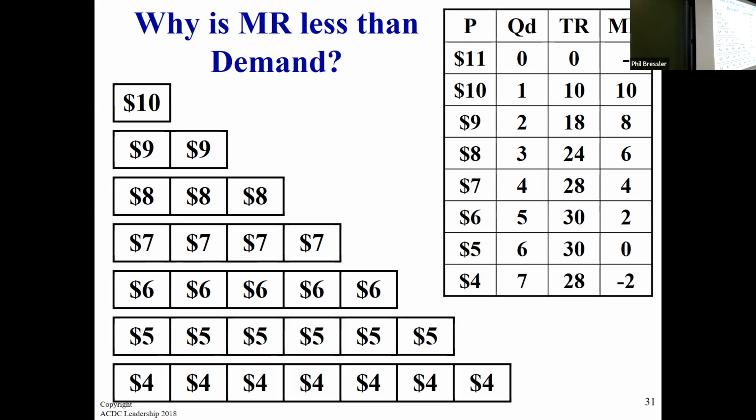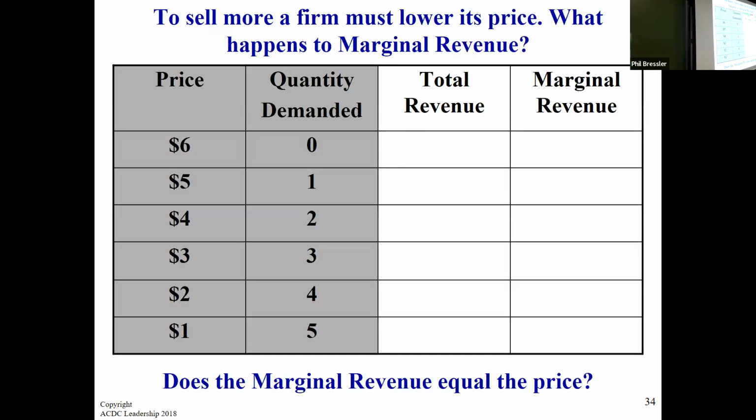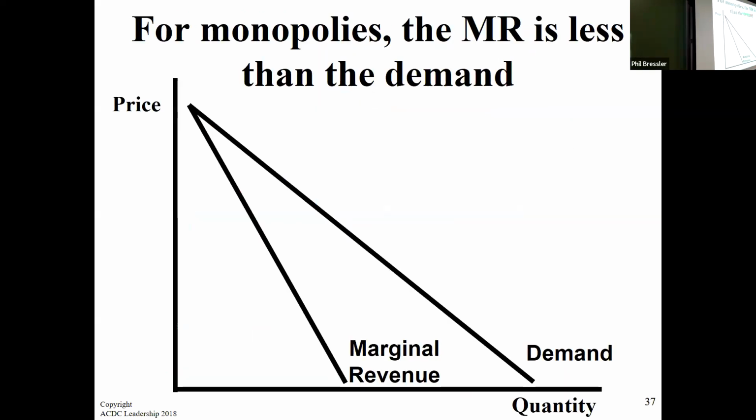Okay, so it's going to look like this. You're going to have a demand, and you have a downward sloping demand curve and a downward sloping MR. If you could stick this at the bottom of the first page, maybe, it says monopolies MR and demand curve.